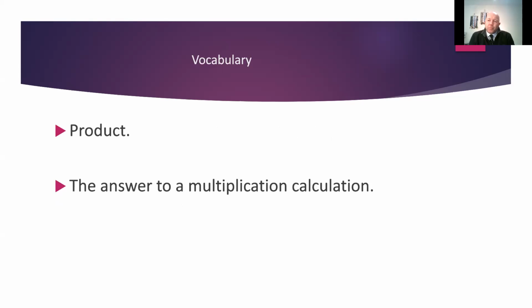In some of your word problems, as we work through the topic, you may come across the term product. Product is just another word for multiplication. Okay. So we have product, multiply, multiplication, times, lots of. There are all sorts of different ways of saying exactly the same thing.